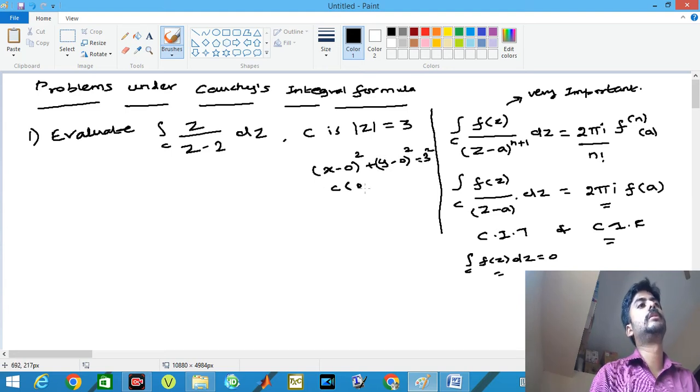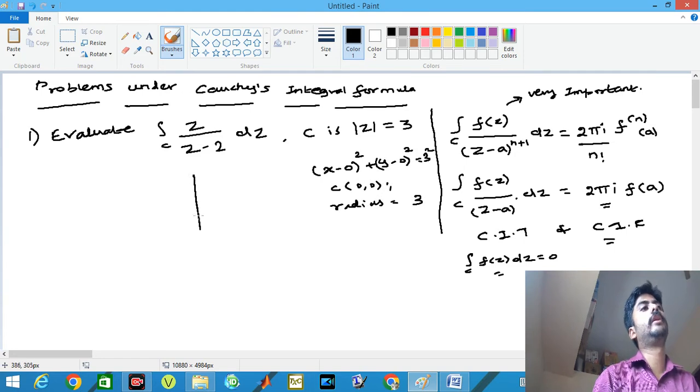The center is (0, 0) and the radius is 3. So we get the following circle, C of (0, 0).